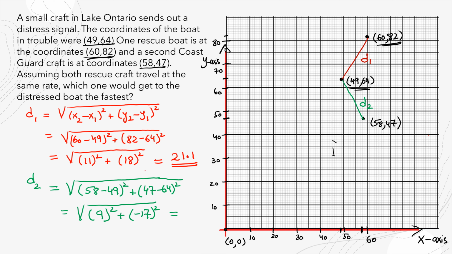And if you simplify that, it is coming around 19.2. So the distance between boat 2 and our boat in distress is the smallest one, so that one will reach there fastest. I hope you liked the utilization of the distance formula in some practical applications.